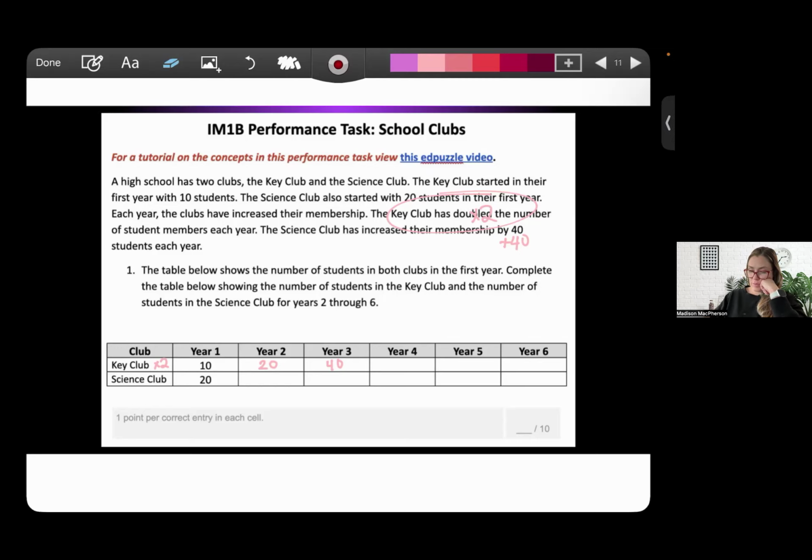Year 4, we would multiply 40 by 2 and we'd get 80. Multiply 80 by 2, we'd get 160. And then multiply 160 by 2, we would get 320.